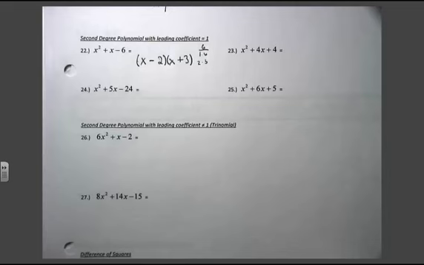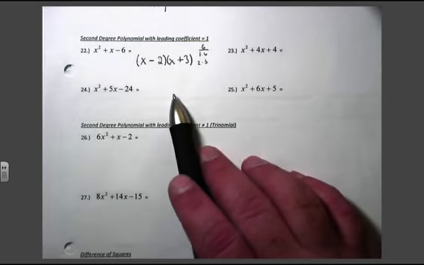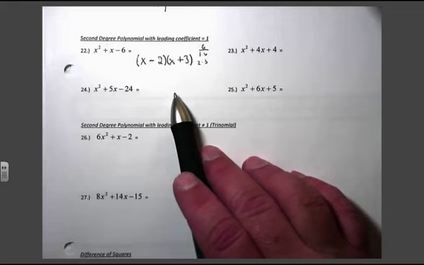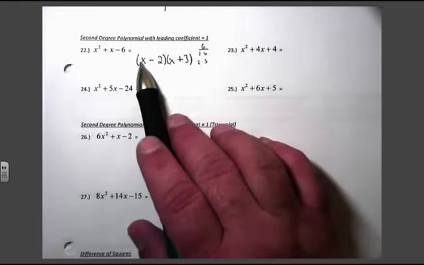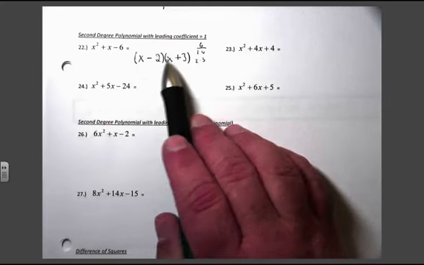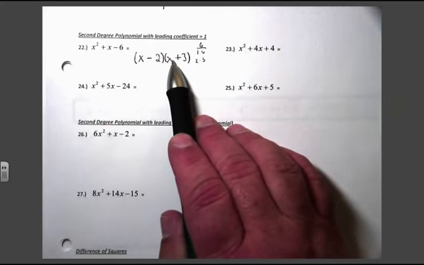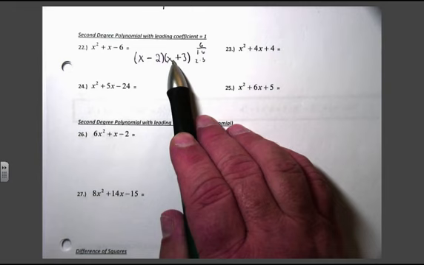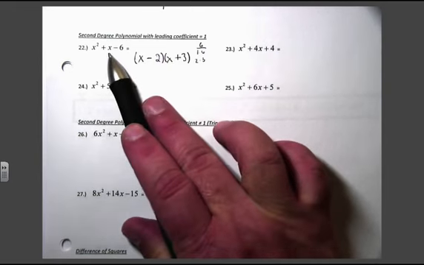You can always double check yourself with this stuff. So if I got this problem and I'm not 100% sure because I could have made a careless error, what can I do to get this answer? Pull it back out. X times x is x squared. X times 3, that's 3x. Minus 2 times x, that's minus 2x. What's 3x minus 2x? 1x, so that checked out.